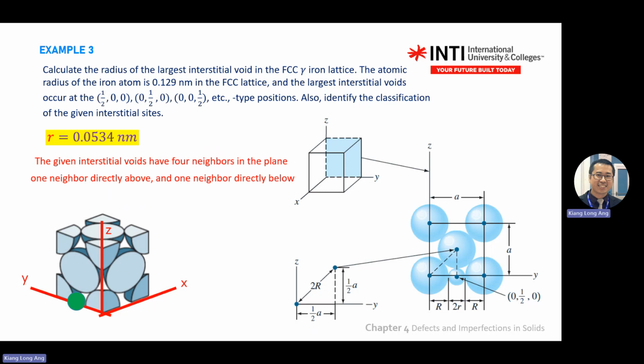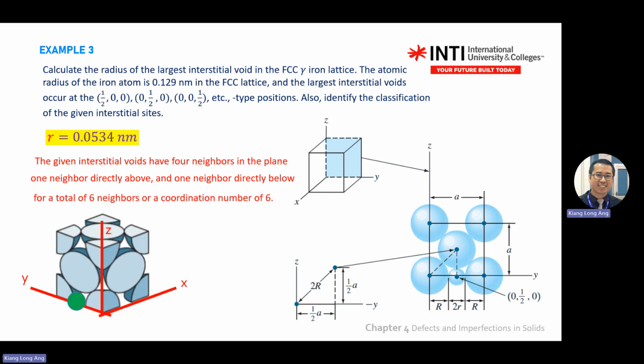Top 8, right? Here you cannot, here is too small, already squeezed for space. All right. So given the void has 4 neighbors at the plane, one neighbor directly above and one neighbor directly below, it is here and here.